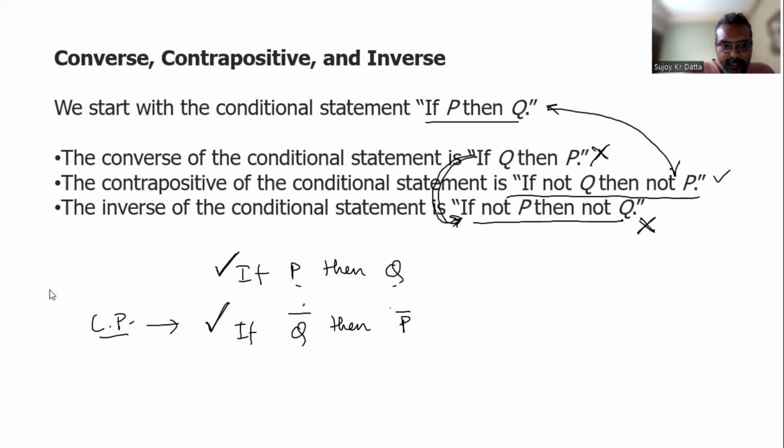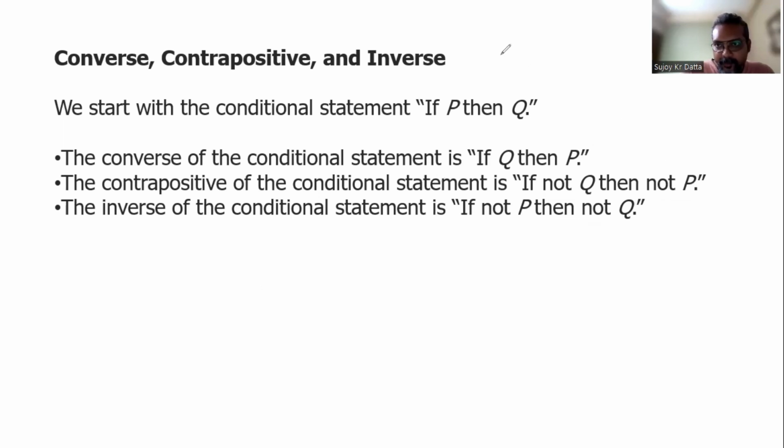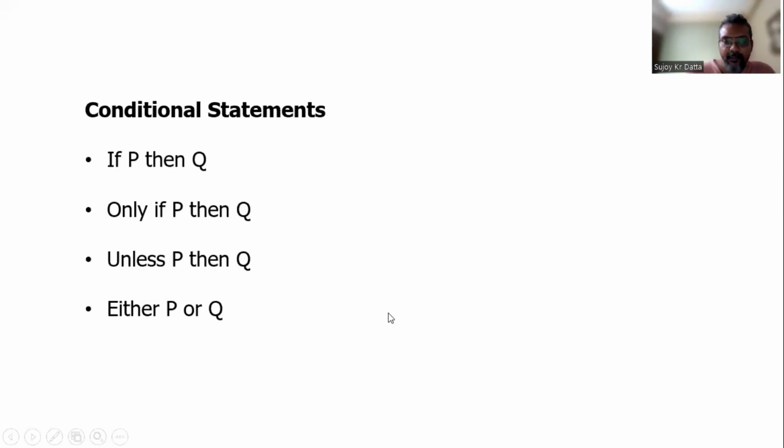Let's get back to the other types of statements that we were looking at. Next one is only if P, then Q. So the only necessity is this. So this was a sufficient statement. This is a necessary condition kind of.